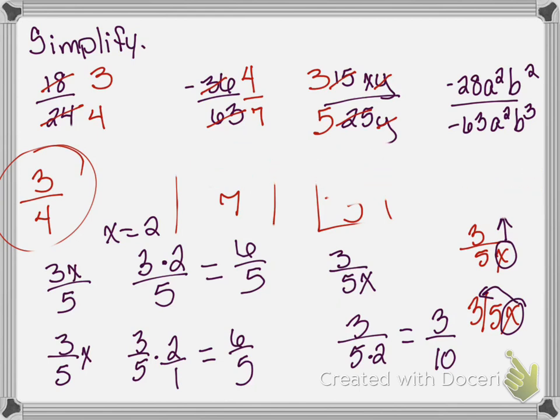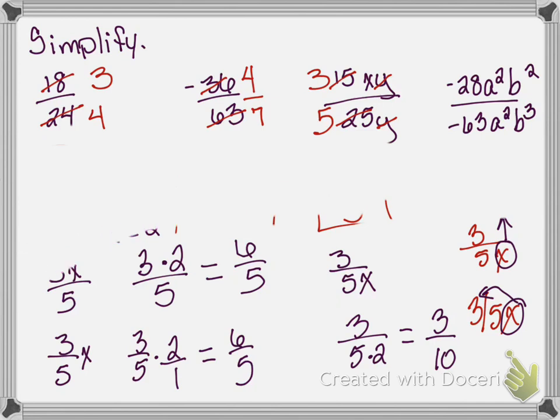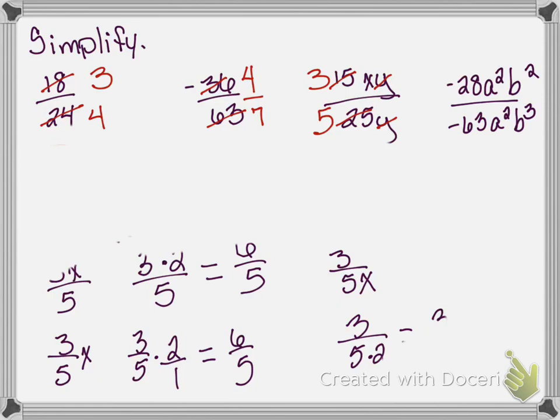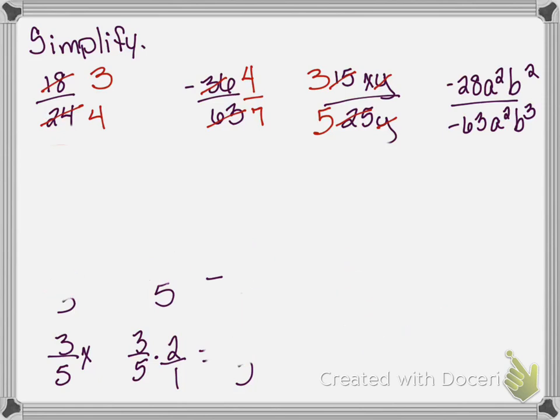We have negative 28a squared b squared over negative 63a squared b to the third. I want you to deal with the numbers first. So I've got negative 28 over negative 63.